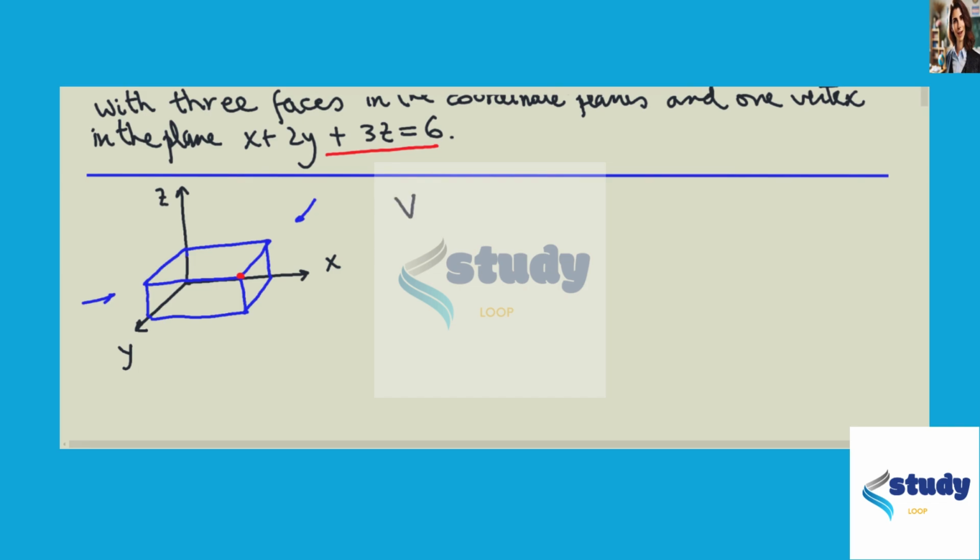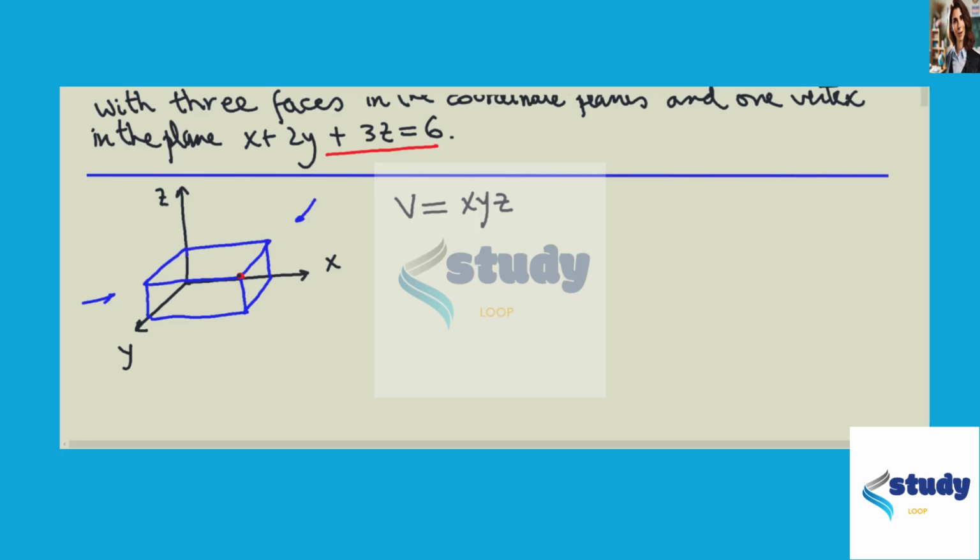So the function giving us the volume, if we consider this vertex with coordinates x, y, and z, will be x times y times z, because the coordinates of the vertex in the first octant will determine the dimensions of the box.